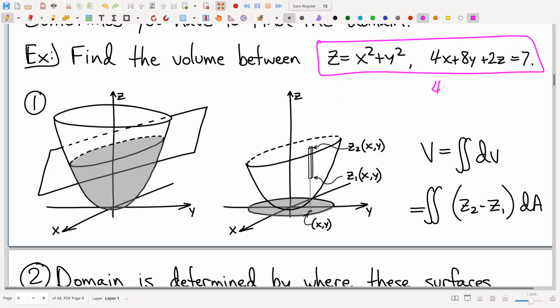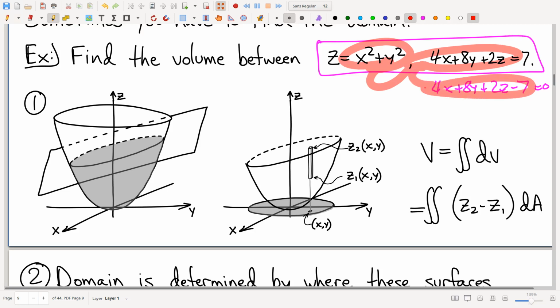I could rewrite this one on the right as 4x plus 8y plus 2z minus 7 equals 0. Should I set this equal to that up there or this down here? Right? Endless examples of why this is meaningless nonsense. Right? So don't set equations equal to each other. That's not a thing. It's just not. Okay. So that's the wrong method.